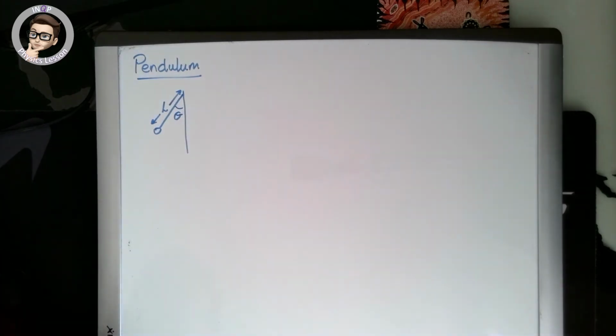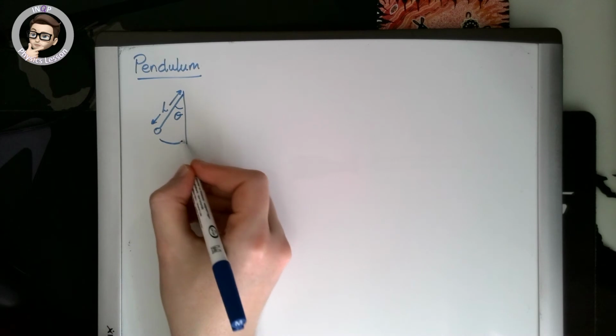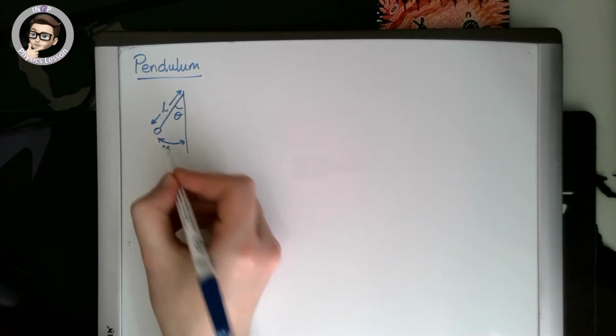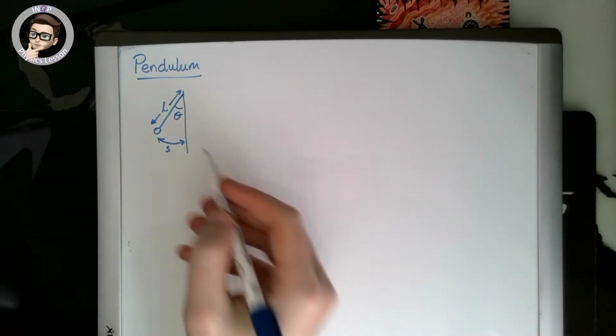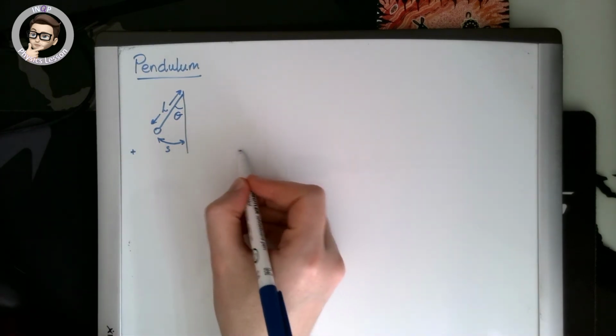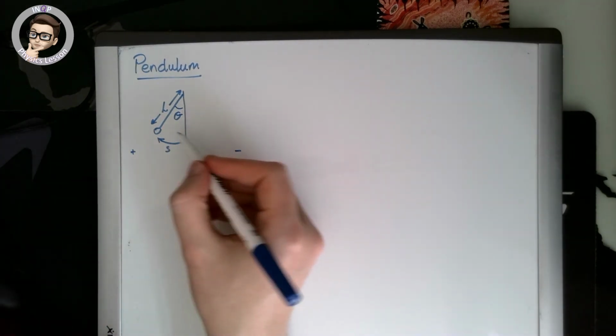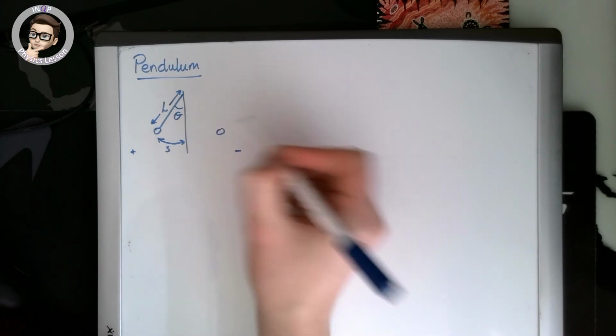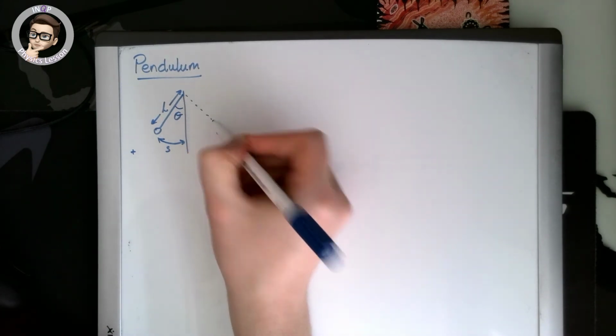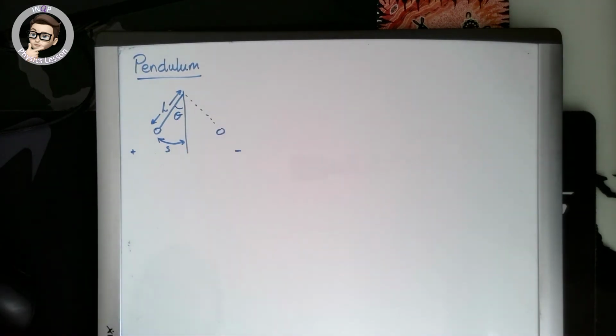And the displacement at that point we'll call S. We'll define this side as positive and this side as negative. So that pendulum will swing backwards over in this direction in a similar way.